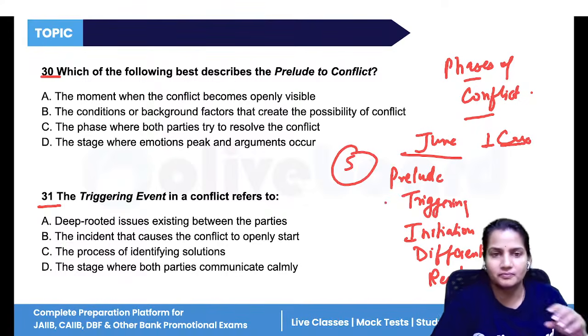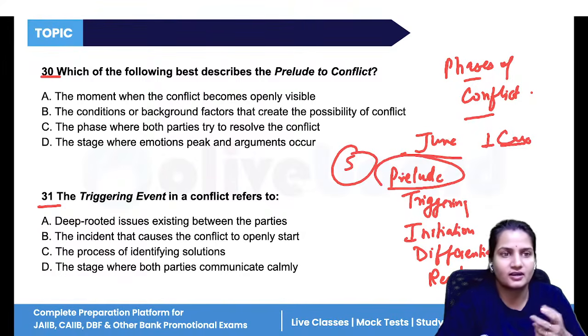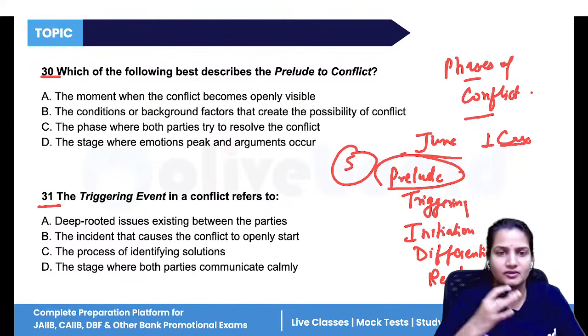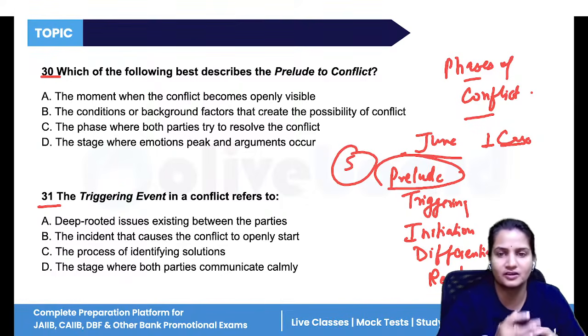Any conflict will not start on its own. There is always a specific reason for the conflict, like when your ideas are not matching, when you have different opinions, when your perception is different, when your thought process is different. Definitely a time will come when you have to face that conflict.